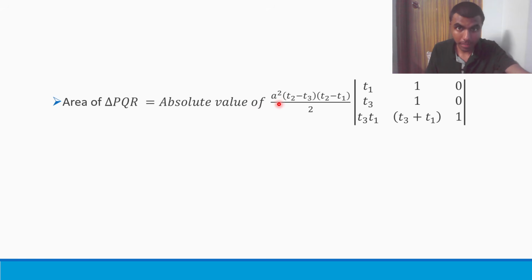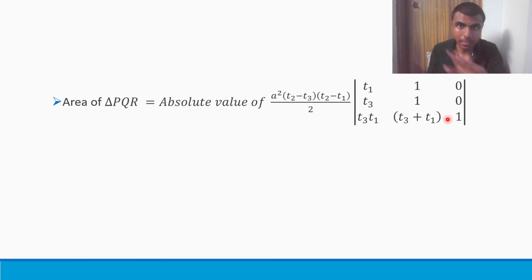So absolute value of A square into T2 minus T3 into T2 minus T1. As I mentioned, it came common, I took it as common, so it's outside. Now next, expansion of this determinant. I'm telling you a simple technique. This one's determinant values, these two are zeros. I am expanding along column 3.